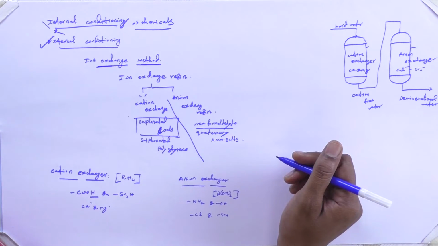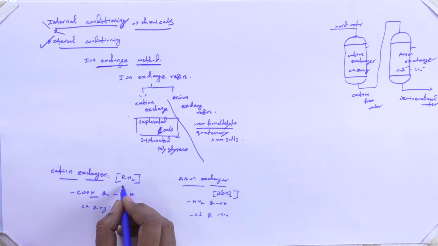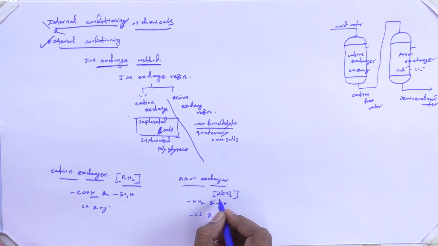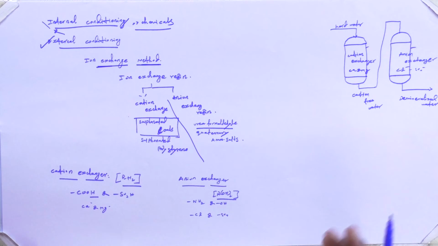What is the reaction going on in the cation exchange bed and anion exchange bed? Very simple. As I said, we represent the cation exchanger as RH2 and the anion exchanger as R(OH)2, because we are not able to write the whole structure of sulfonated coal and the whole molecule of urea formaldehyde in the equations.